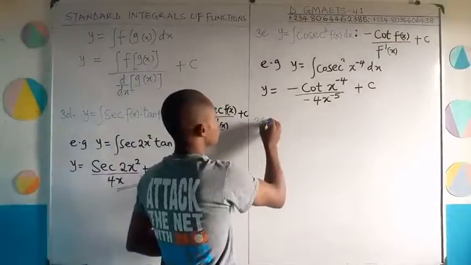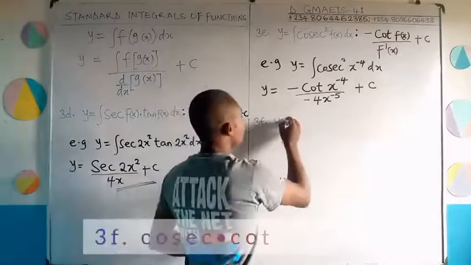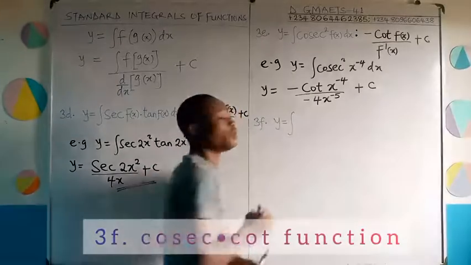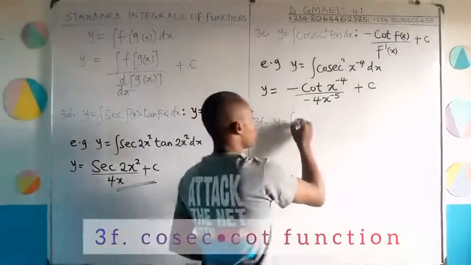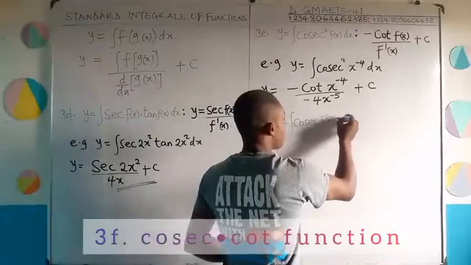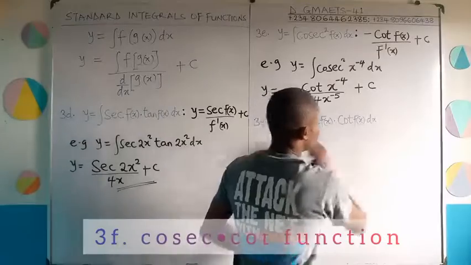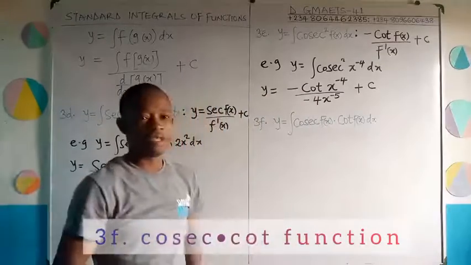So this takes us to the sixth trig function, y to be equal to integral, this time around, cosec f of x times cot f of x dx. So I want to find the standard integral of this function.